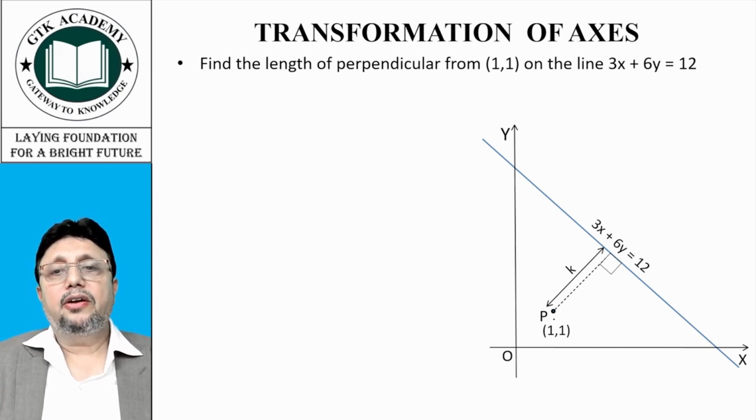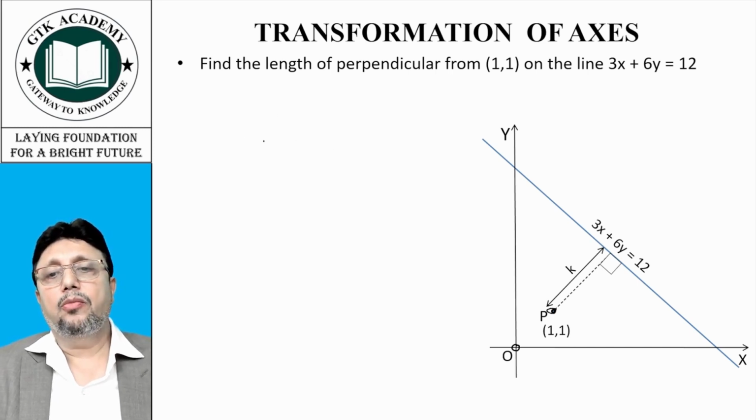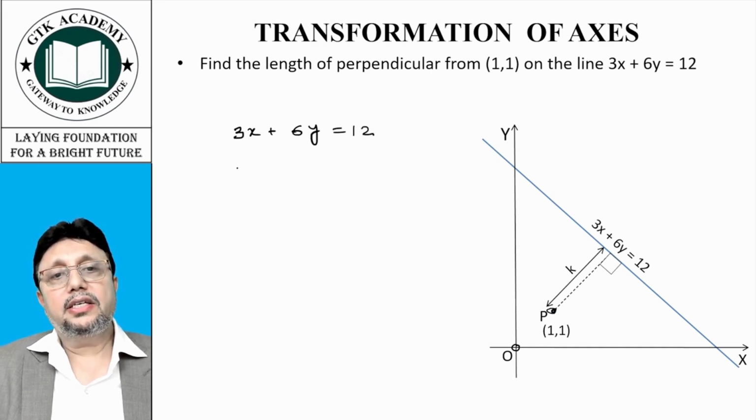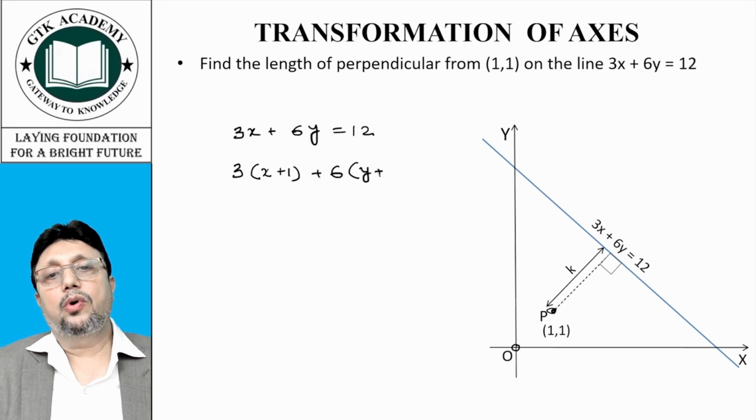If we apply the transformation, we will be shifting the origin from O to P. The equation 3x plus 6y is equal to 12 can be written as 3(x plus 1) plus 6(y plus 1) is equal to 12.